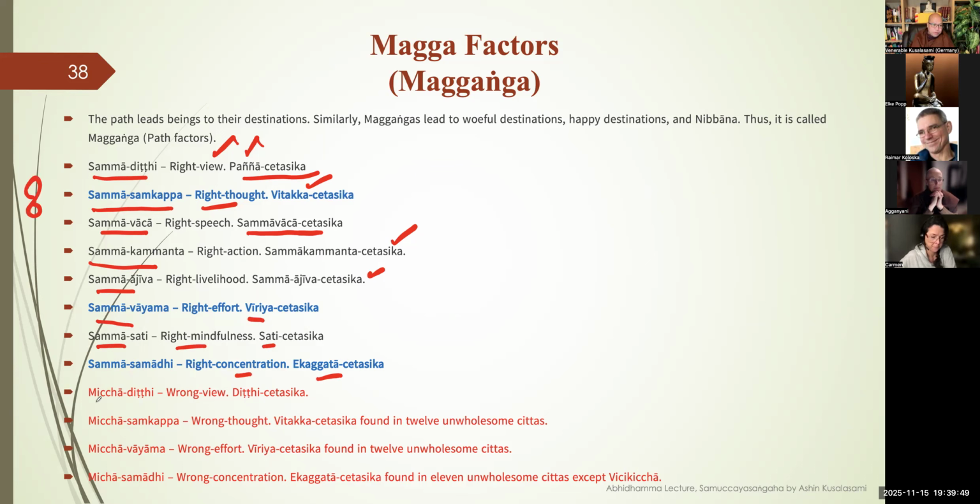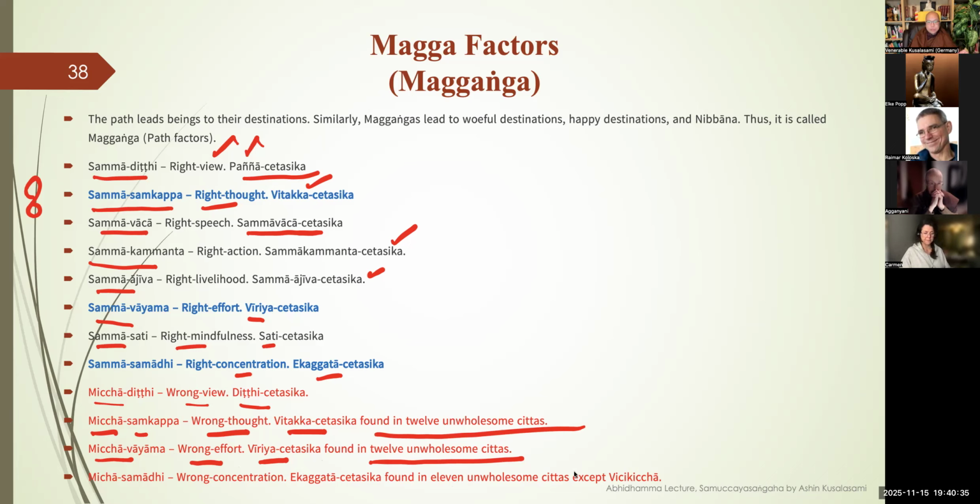The other four: Miccha Ditthi, wrong view, in ultimate reality is Ditthi Cetasika. Miccha Sankappa, wrong thought, is Vitakka Cetasika found in 12 unwholesome Cittas. Miccha Vayama, wrong effort, is Viriya Cetasika found in 12 unwholesome Cittas. And Miccha Samadhi, wrong concentration, is Ekagata Cetasika found in the 11 unwholesome Cittas.